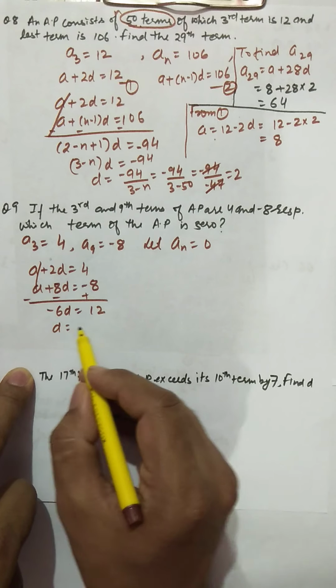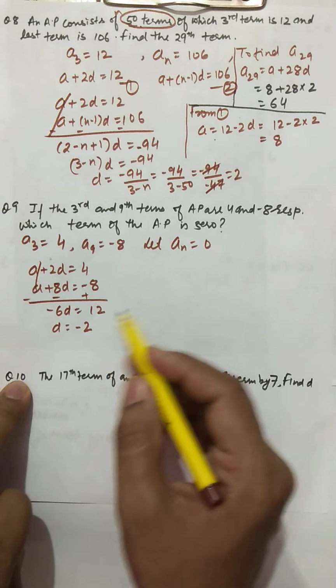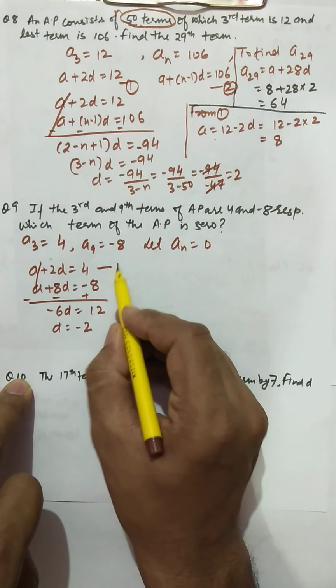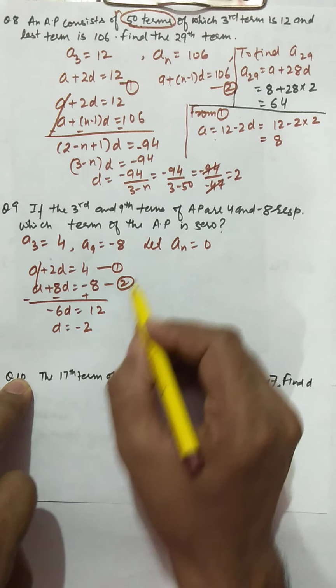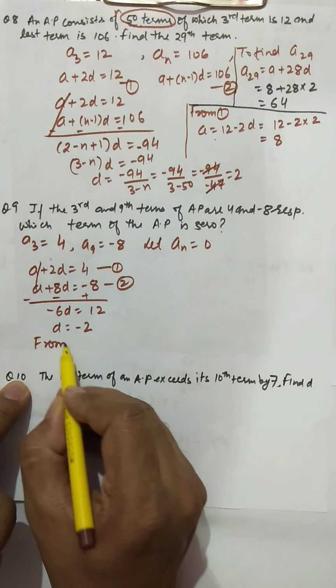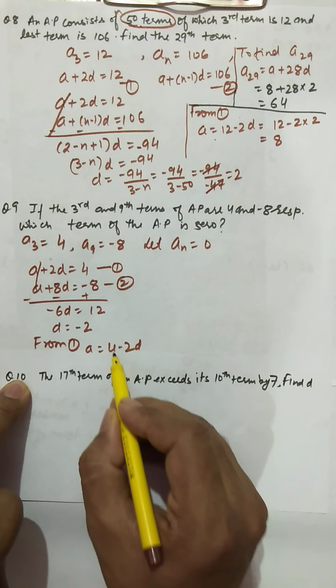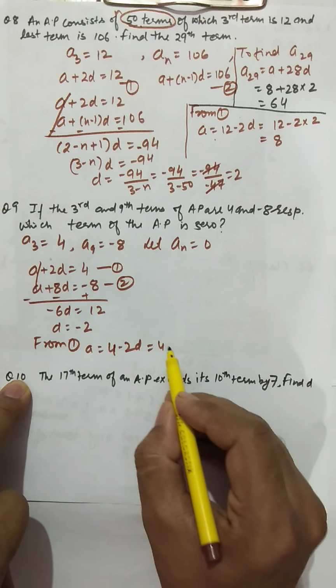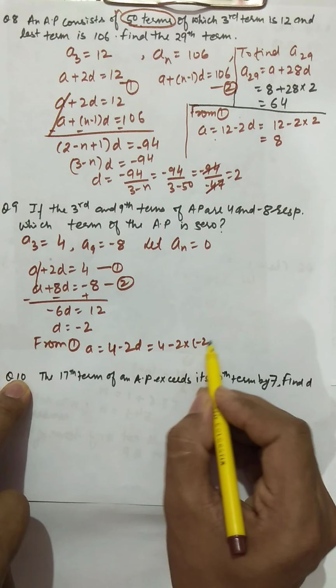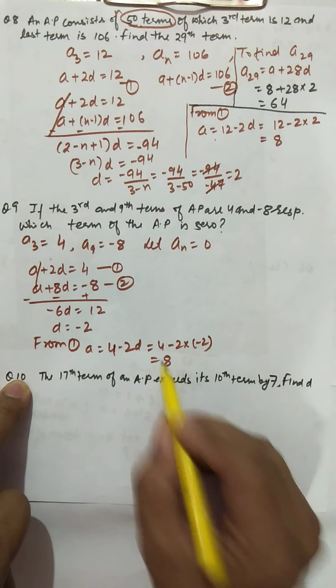So d is going to be minus 2. So this is your equation number 1, this is your equation number 2. So from 1 your a will be 4 minus 2d. So 4 and d is minus 2, so this is 4 and this is 8.